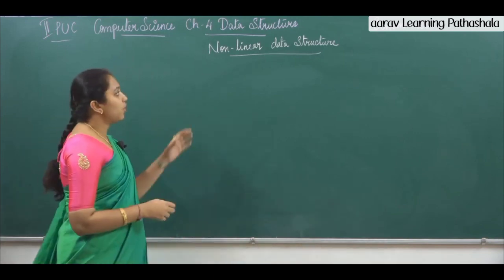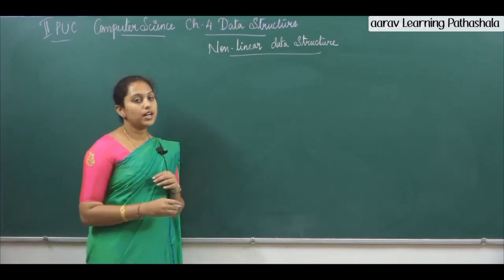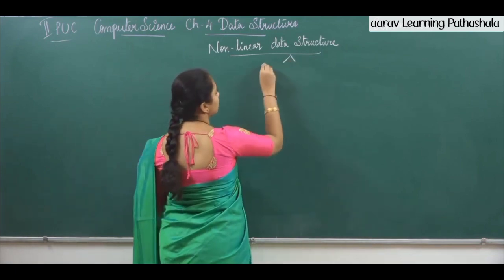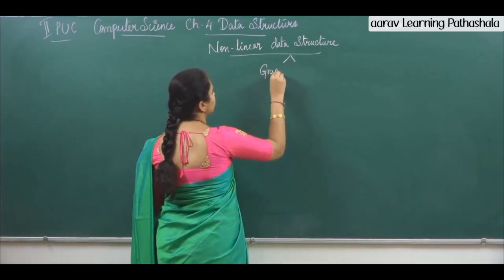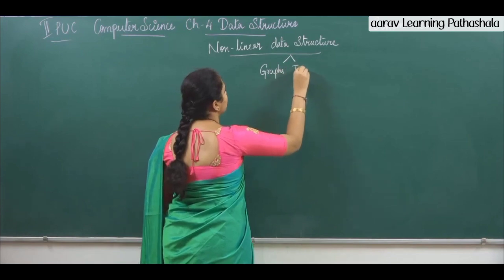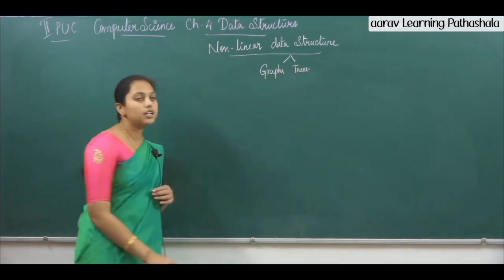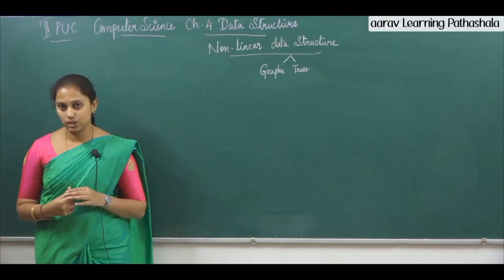Examples of non-linear data structures are trees and graphs.